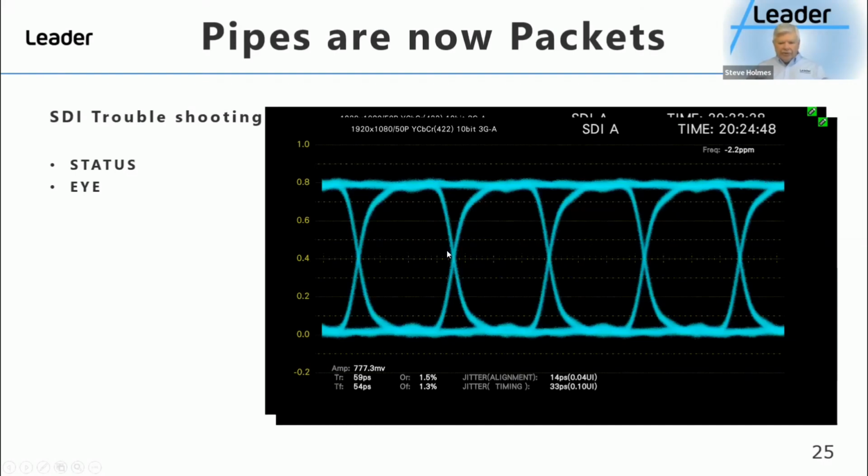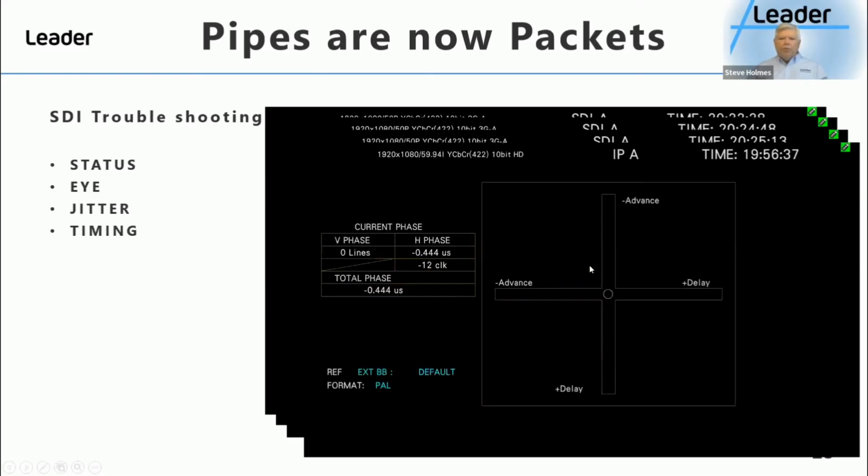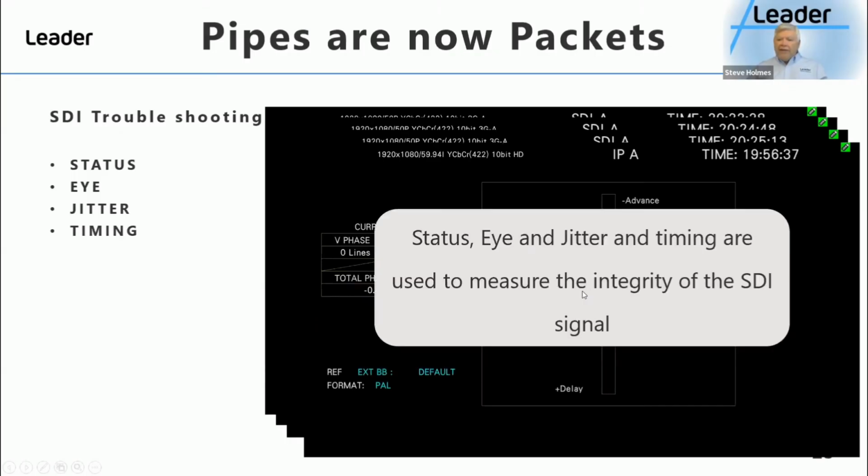It's going to be able to get through the system, looking at how open our eye is and the jitter that we have on the system to make sure it is recoverable at the end of the coax. Be able to look at the jitter output, look at timing information so that status, I, and jitter timing are used to measure the integrity of that SDI signal.